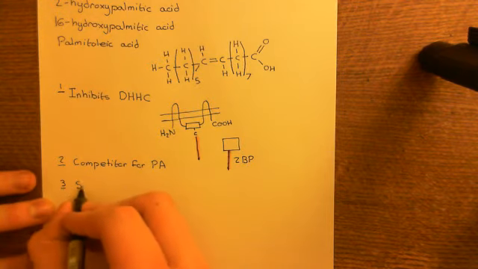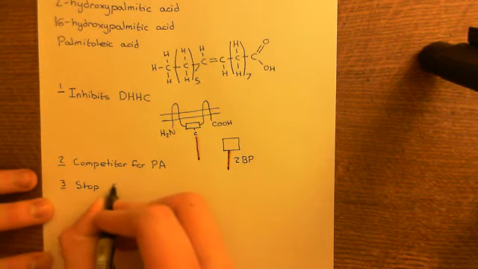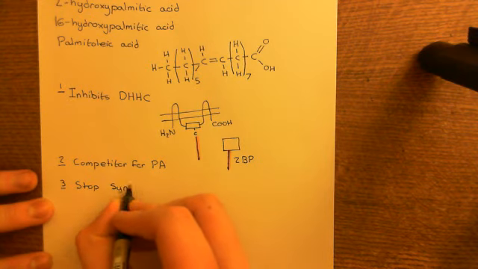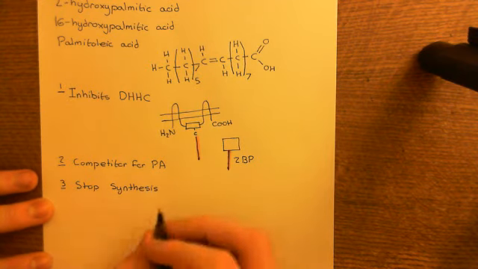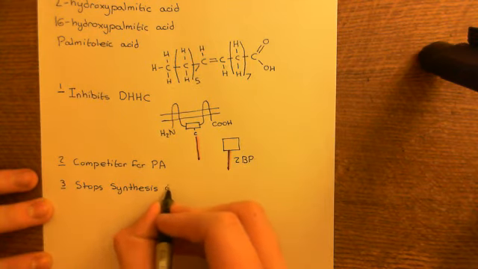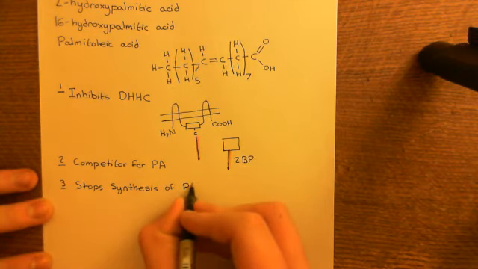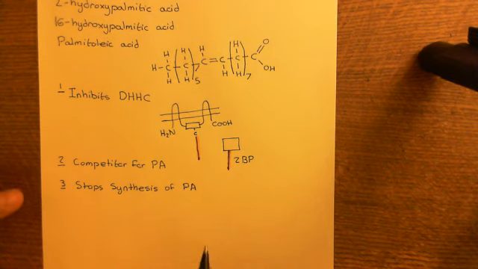So stop synthesis of normal palmitic acid is the third concept that could be the mechanism for 2-bromopalmitic acid. Stops synthesis of palmitic acid. So if it stopped the synthesis of normal palmitic acid, then obviously if you've got no normal palmitic acid, you can't add it onto proteins, and therefore you stop palmitoylation.